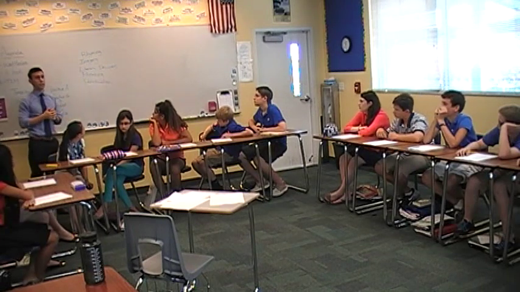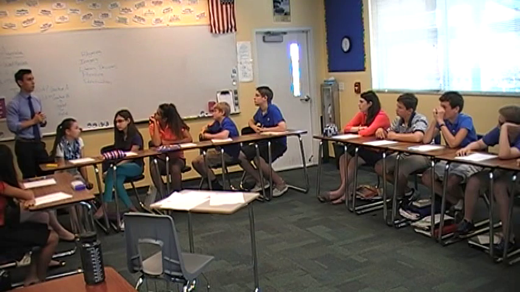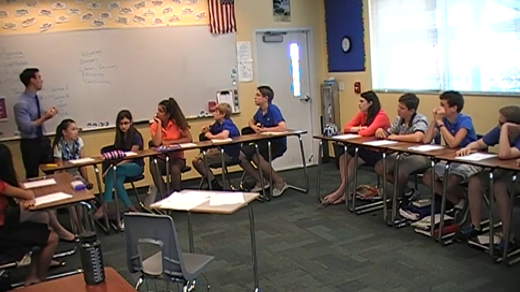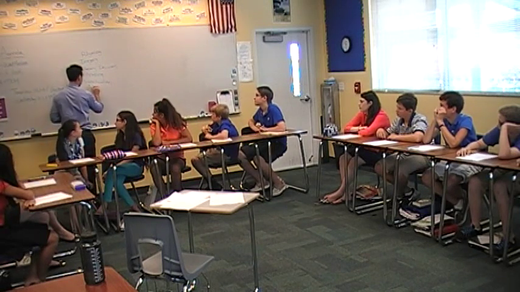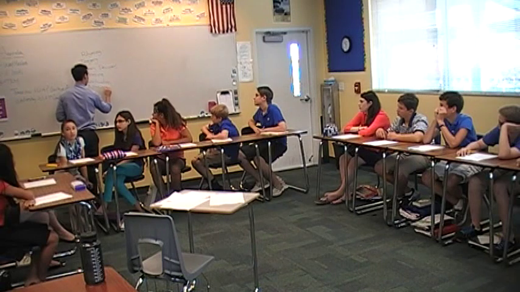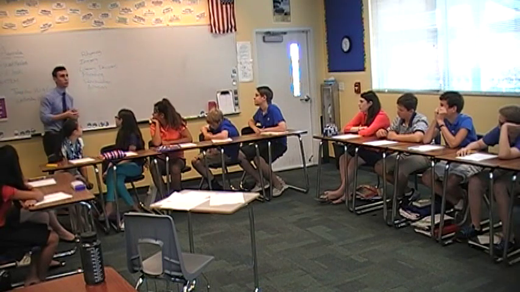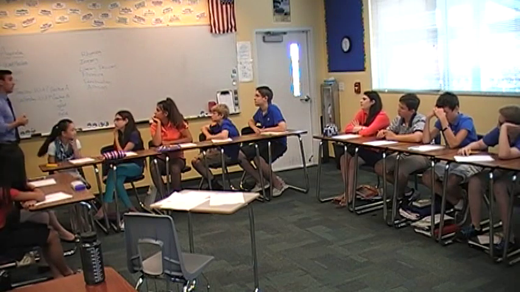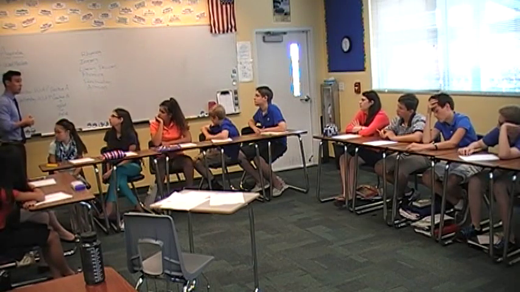Let's see. There's at least one more that I'm looking for. What do we call it when you see a reference to something else in a text? Allusion. Yeah, an allusion. And when you're reading Shakespeare, I know a lot of you guys from Julius Caesar, we were pointing out a lot of Greek references to Greek mythology.